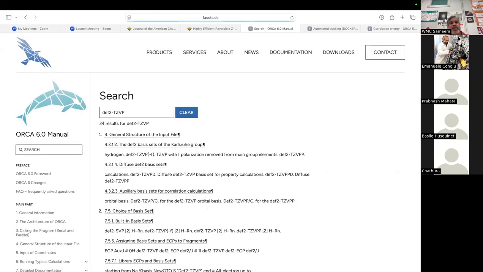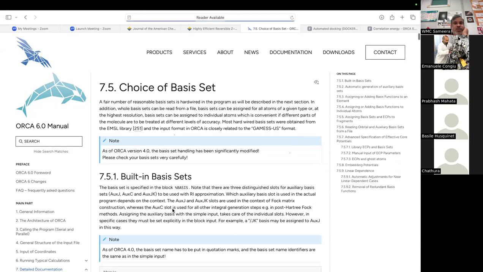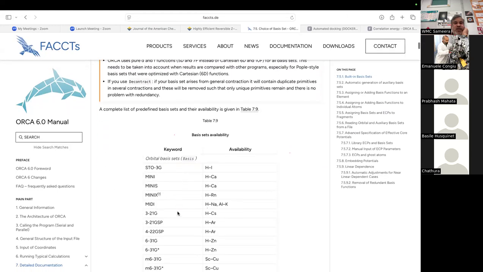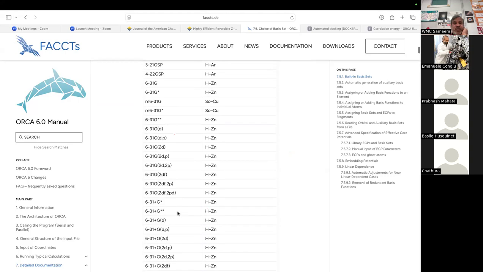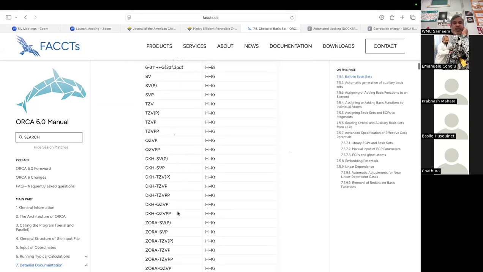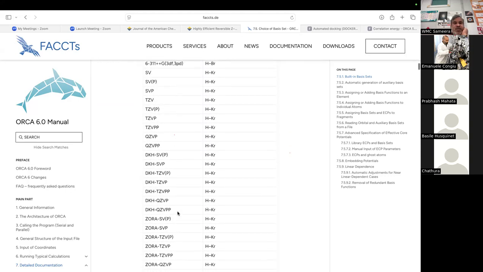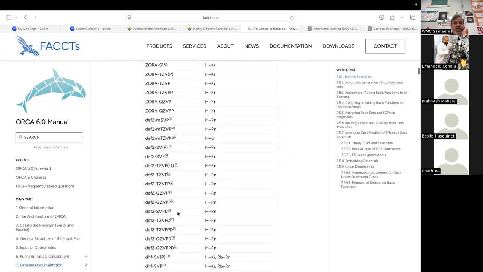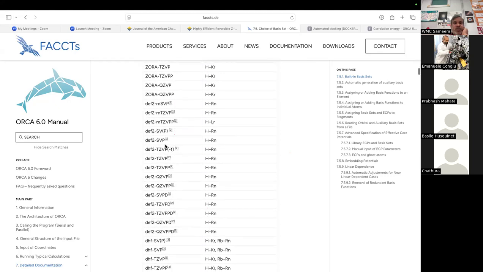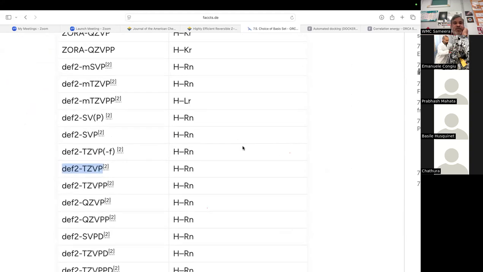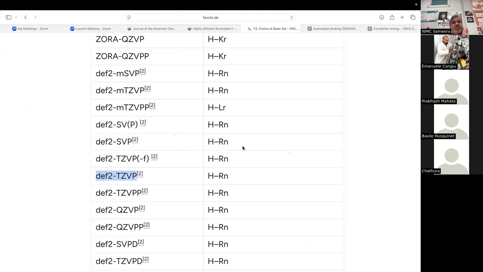In terms of the choice of basis set here, there are many basis sets you can find in the manual. Nowadays, the community likes the def2-TZVP basis set, for example. So it is highly recommended.